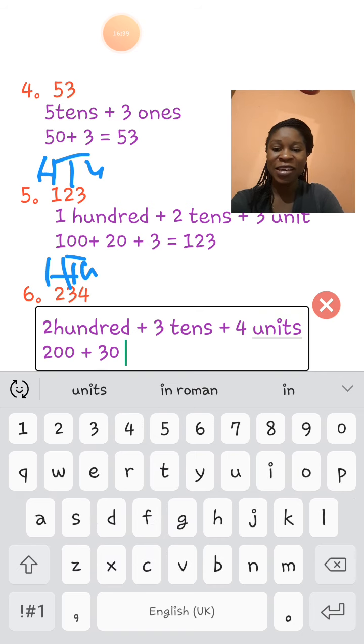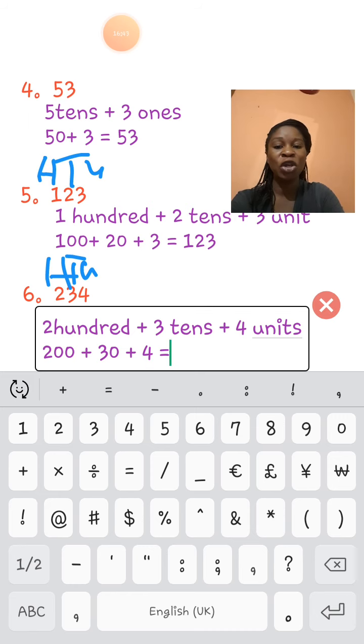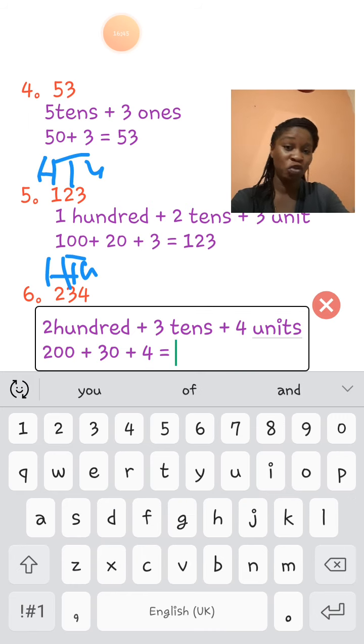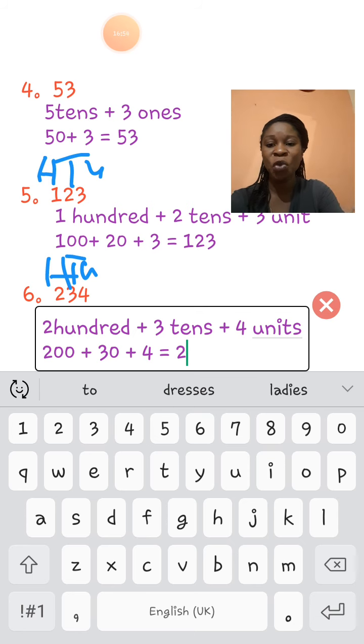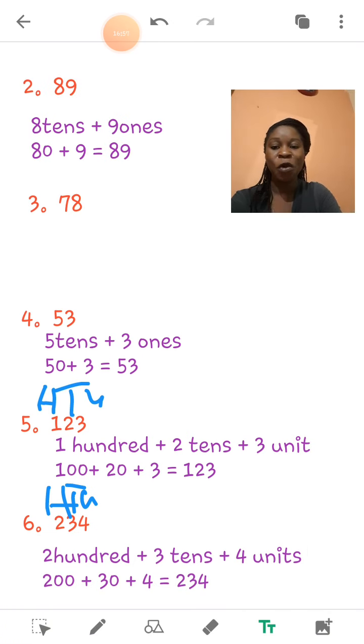And that will give us 200 plus 30 plus 4. I know we are dealing with tens and units, but the hundreds, sometimes it's good to always push yourself to try. So once in a while, I chip in hundreds. It's just to have an idea that there's something called hundreds. All right, so we now have 234 for our figure. The same thing with 78.